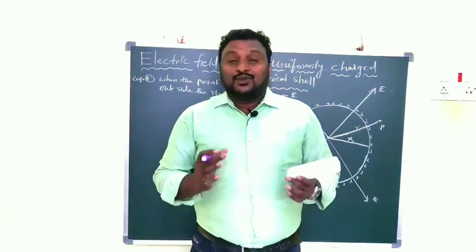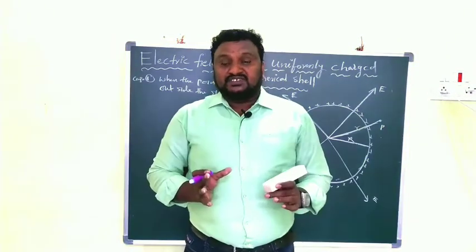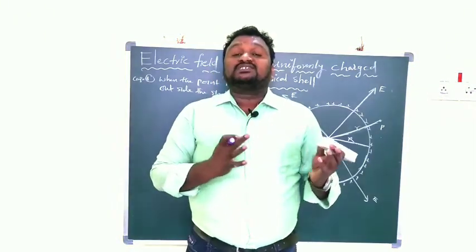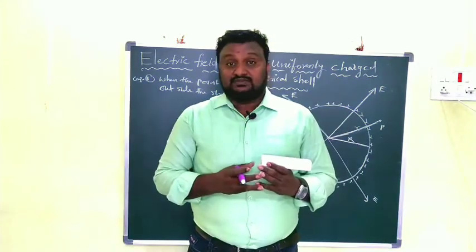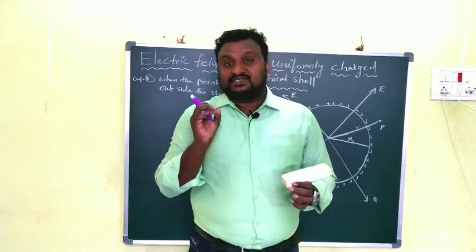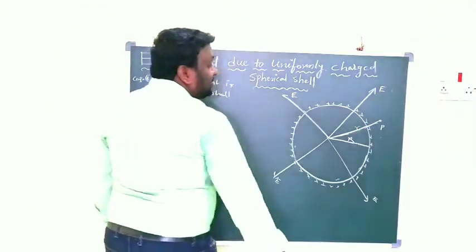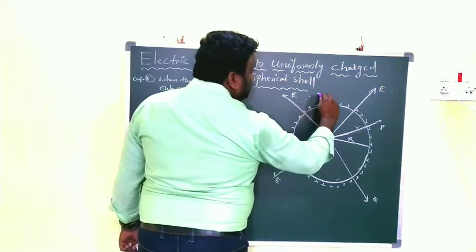Now, to explain the electric flux of a closed surface, we must construct one Gaussian surface. To explain the flux, we must take a closed surface. That's why at this point we construct one Gaussian surface.